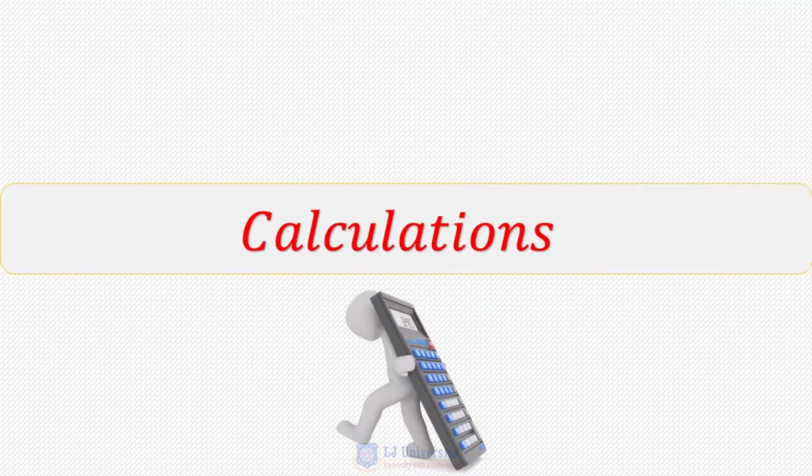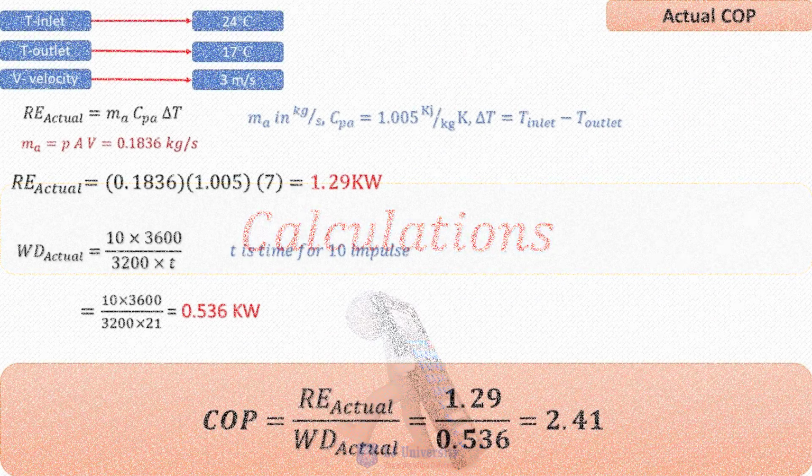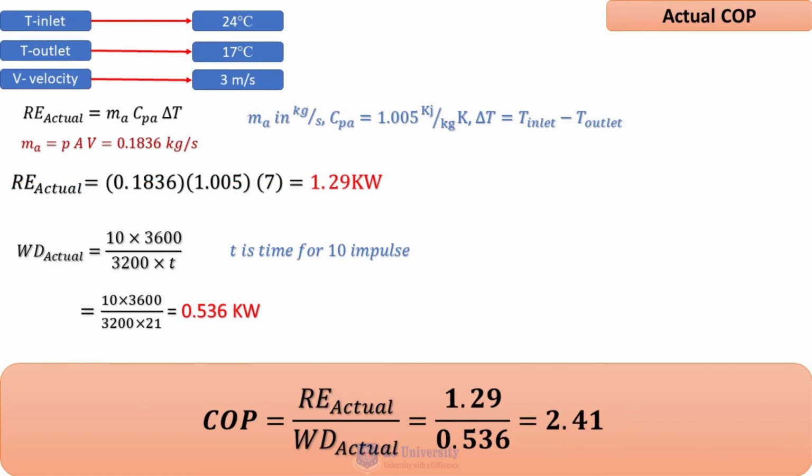Let's do the calculation for the practical. Here we have an air inlet temperature of 24 degrees Celsius and an air outlet temperature of 17 degrees Celsius. These two temperatures are dry bulb temperatures. The air velocity is 3 meters per second. The actual cooling is calculated by m Cp delta T, the amount of heat rejected by the air to the refrigerant.